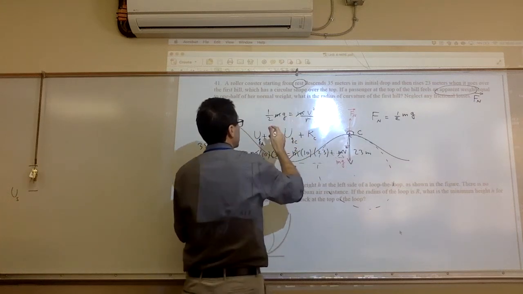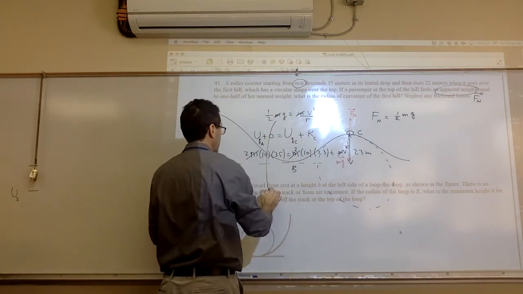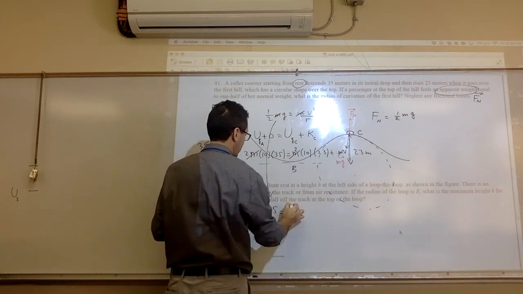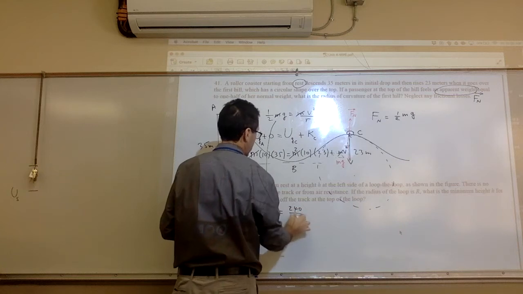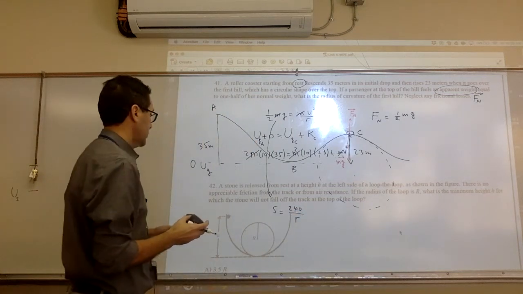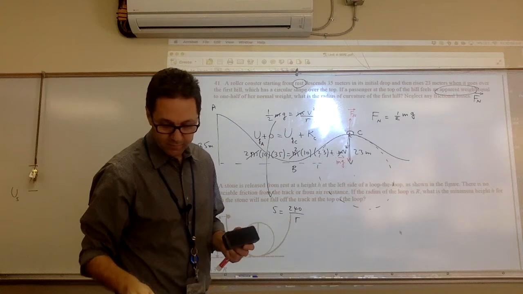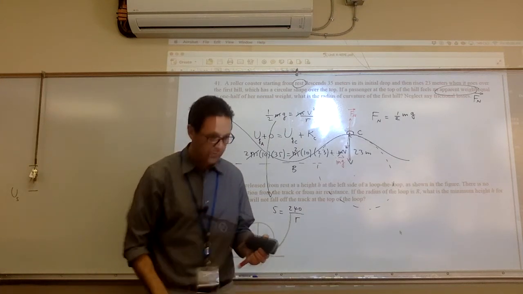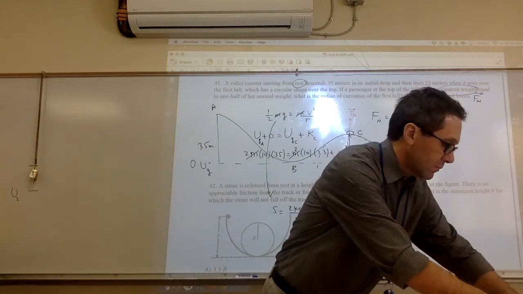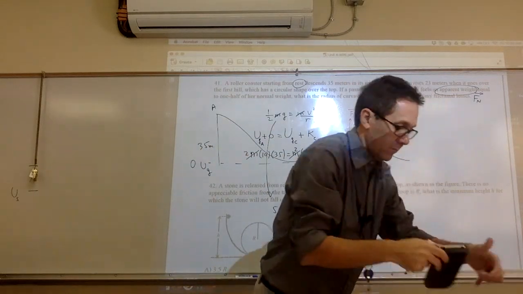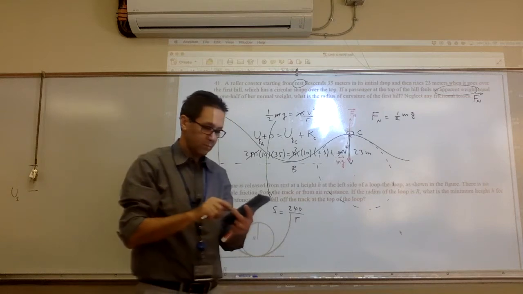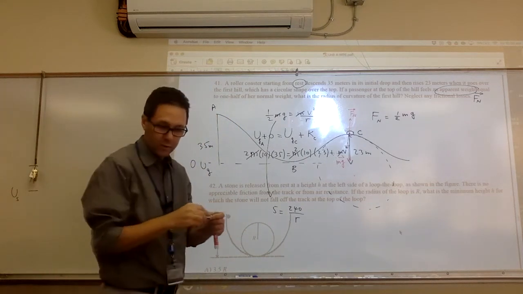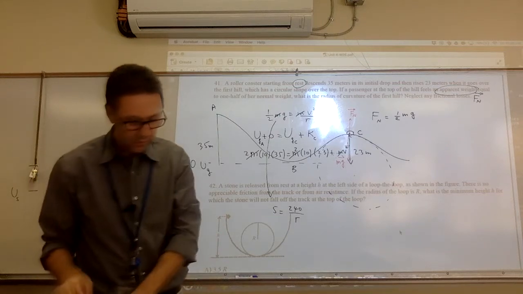Now we're looking at 1/2 of g, so I'm taking this down here. So that's 5 equals 240 over r. So r is 240 over 5. But 240, I don't need to put in the calculator actually. 240 over 5 is 48.